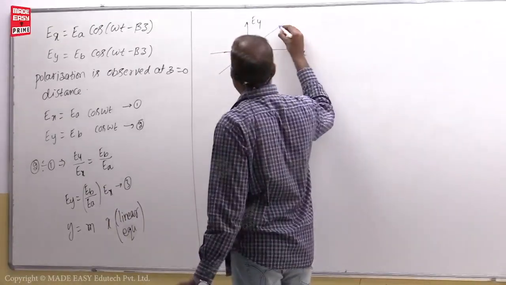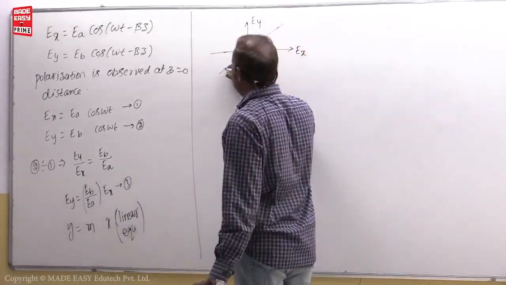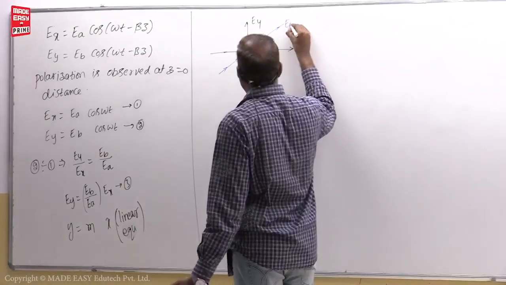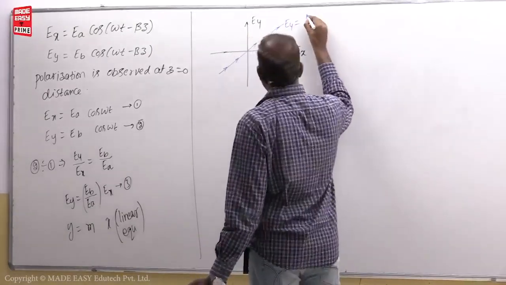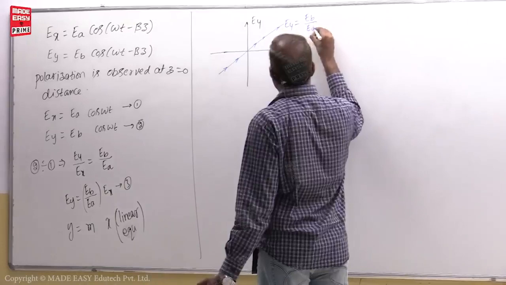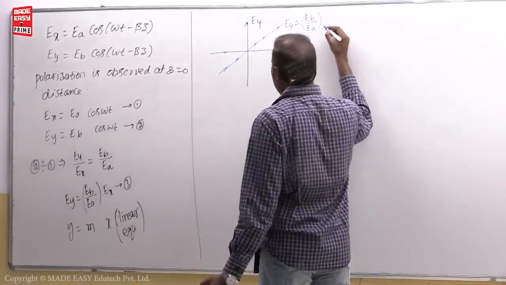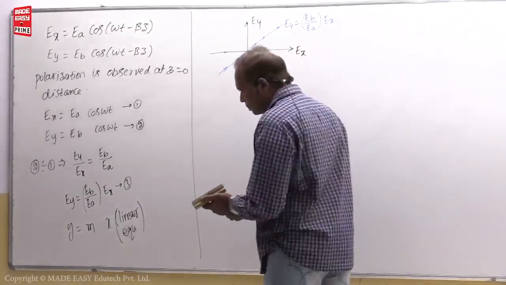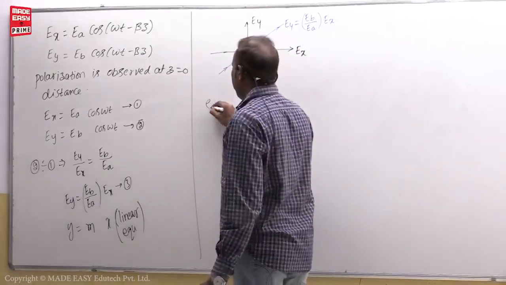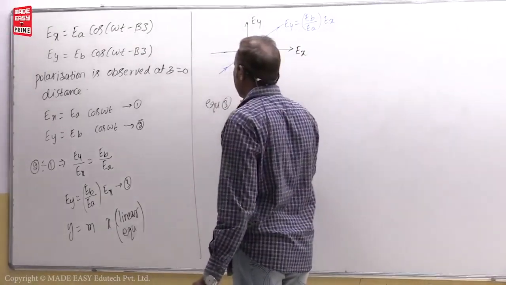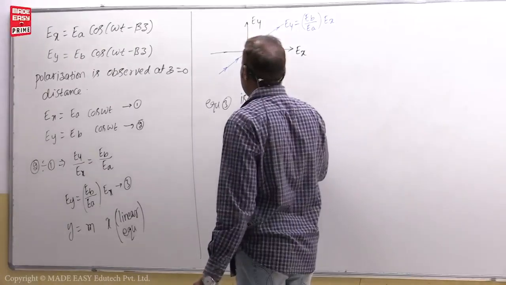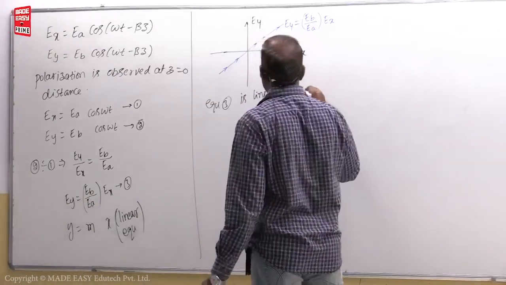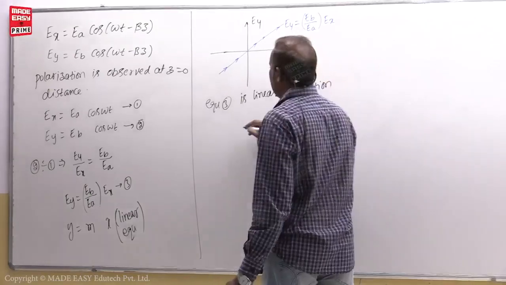So this is the equation: Ey is equal to Eb divided by Ea, some constant like slope, times Ex. So equation 3 is a linear equation.